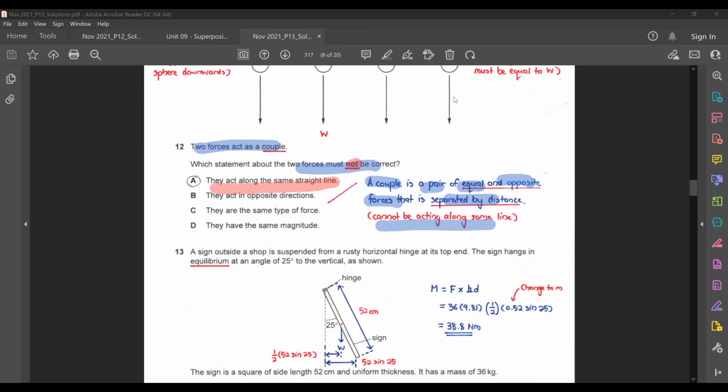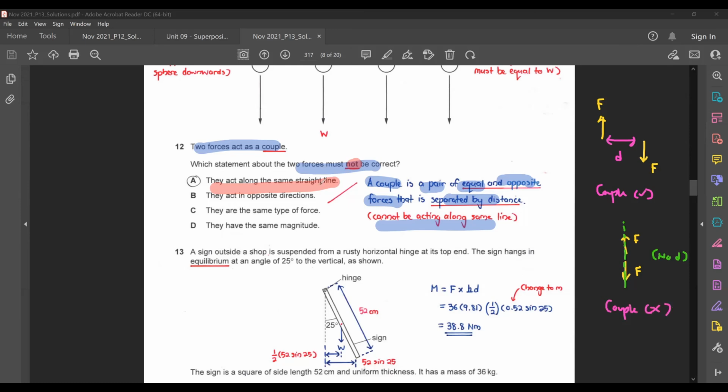This is definitely out. Let's say I tell you that this one is force F, and then this one is force F, and there's a separation between them, this one is a couple. But if I have the same force F, and I have a force F like this, and they act along the same line, there's no distance, this one is not a couple.